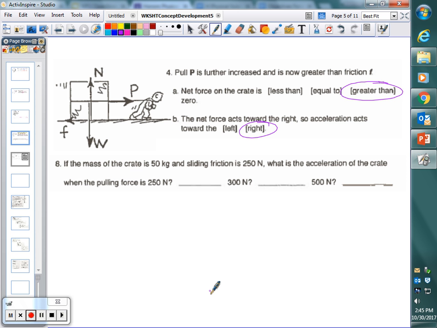Zero, right? If we're pulling with 250 and friction is 250, what's the net force? Zero. And if there's zero net force, that means there is no acceleration. Good there.